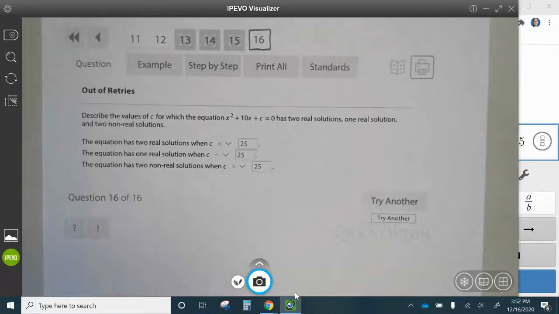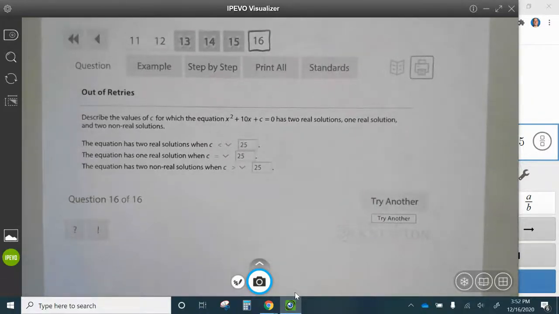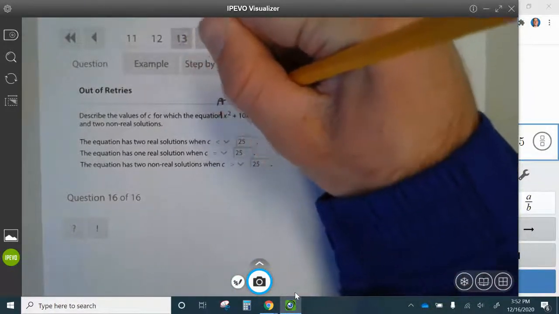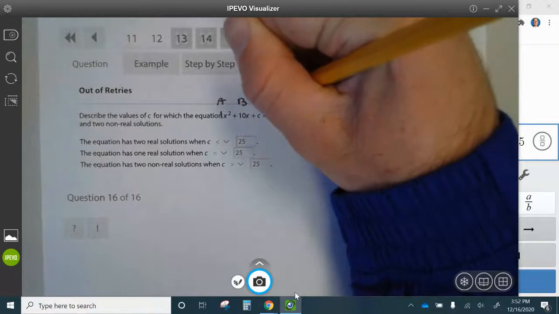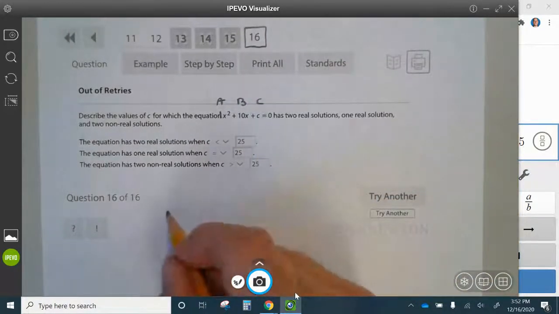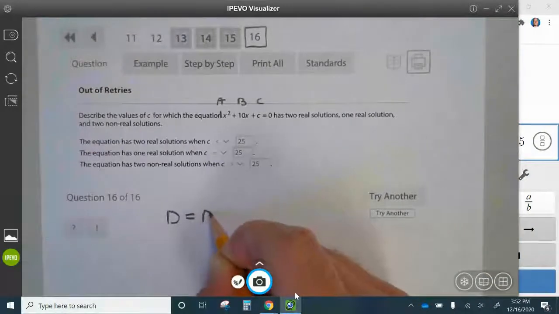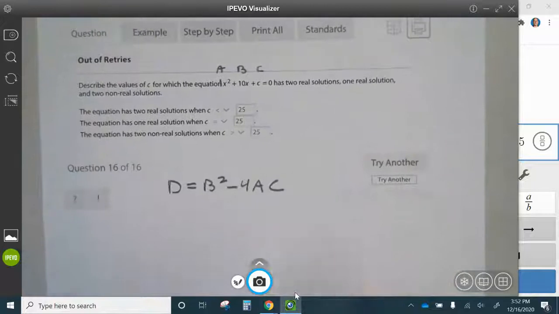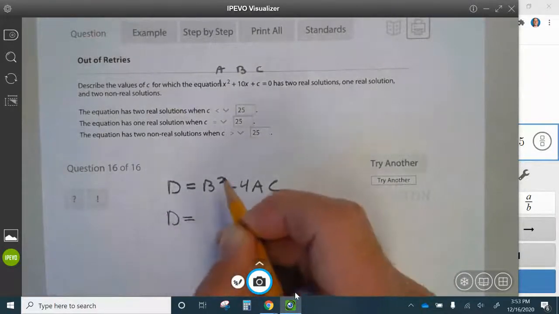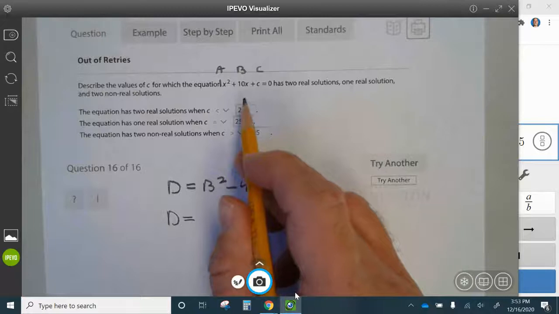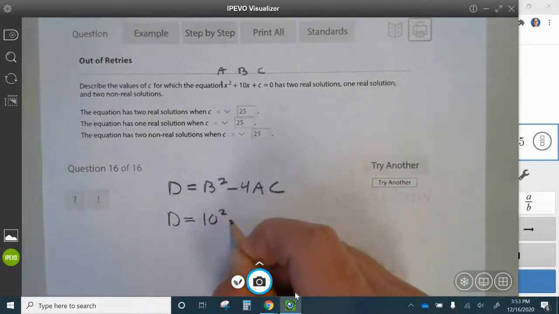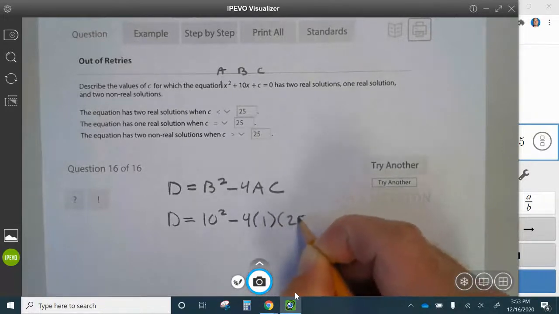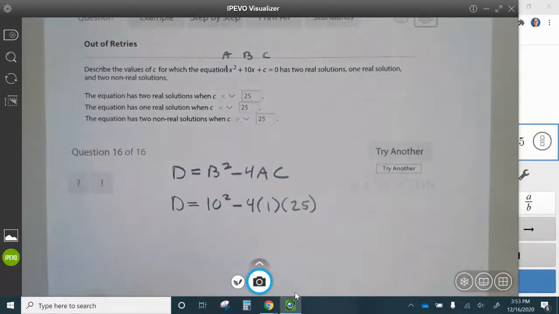Okay? All right. And the reason being is we know that this is a, this is b, this is the c value. The discriminant we know is equal to b squared minus 4ac. So the discriminant, b value is 10, so that's 10 squared minus 4 times a, which would be 1, times c, which is 25.